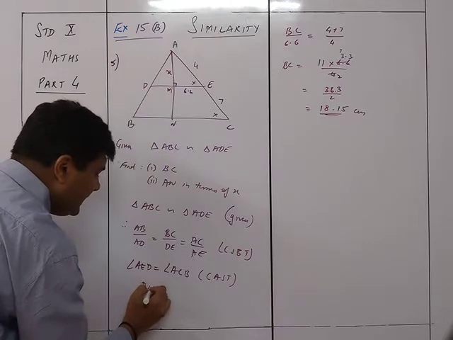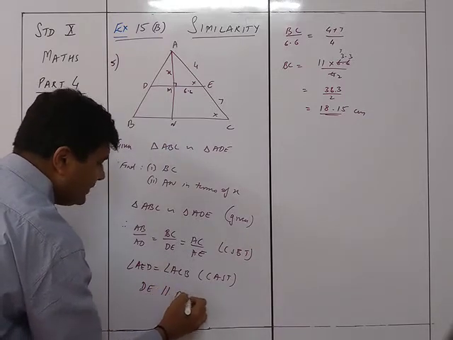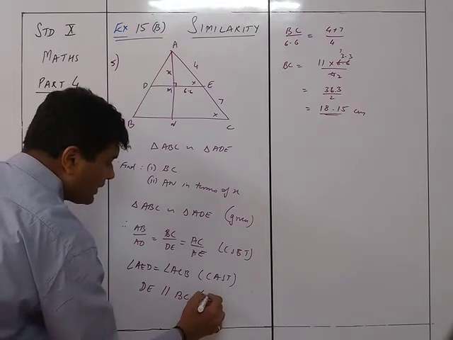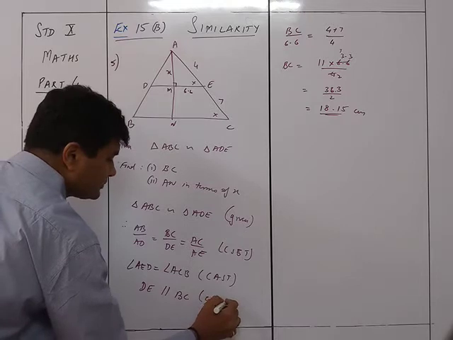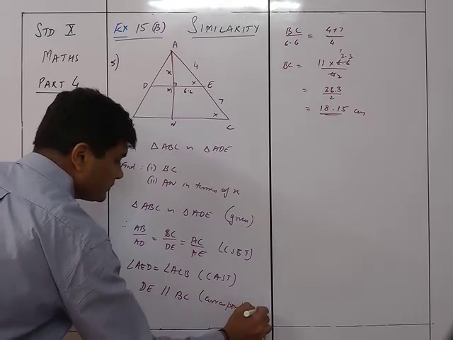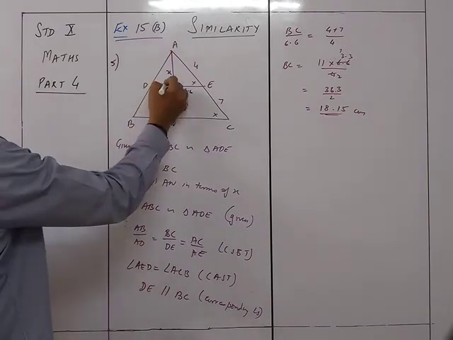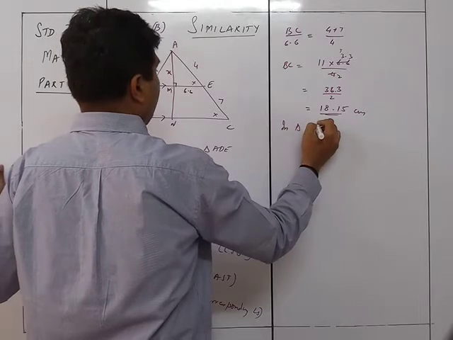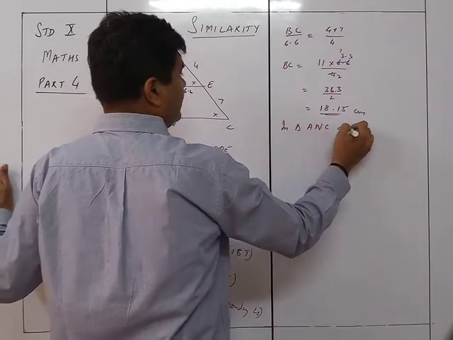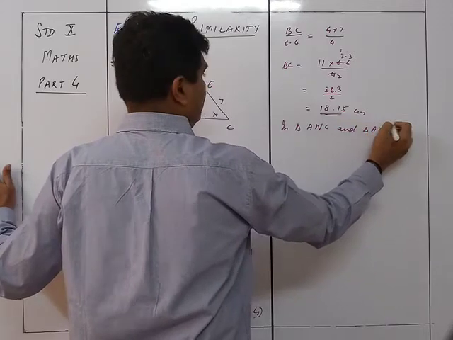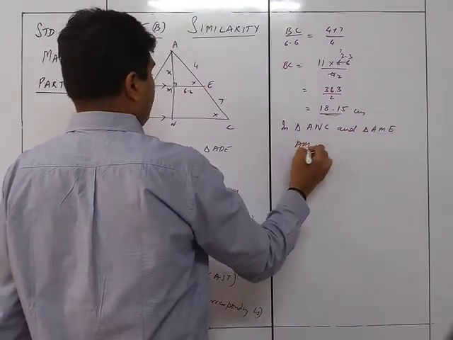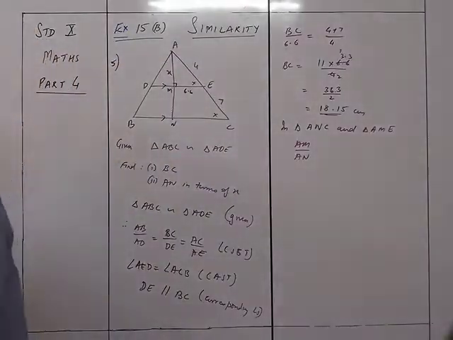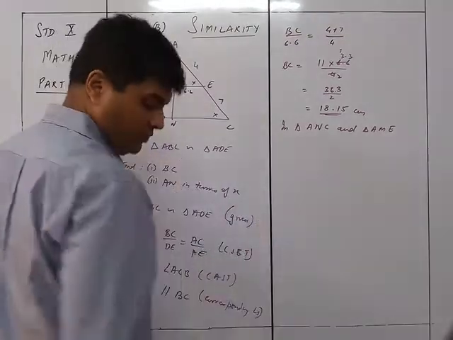So DE becomes parallel to BC by the converse of corresponding angles. Now because we know that this is parallel to this, in triangle ANC and triangle AME, we will prove them to be similar.